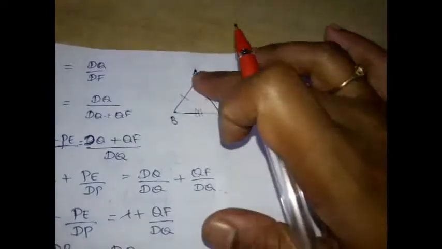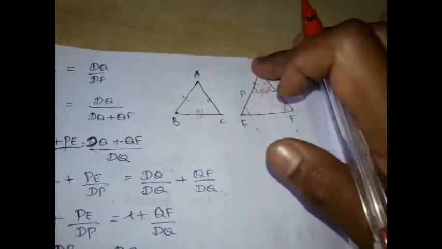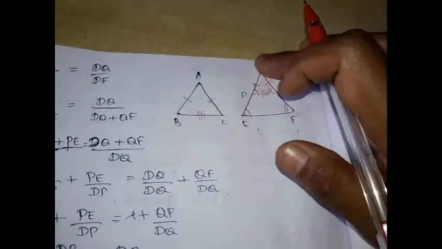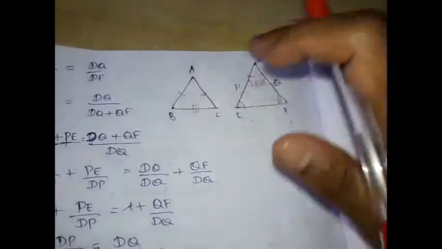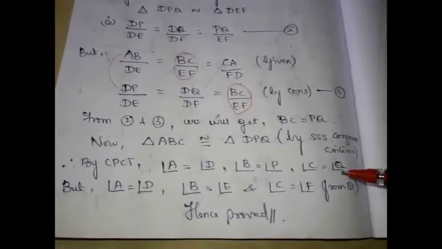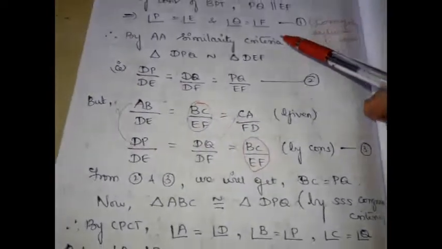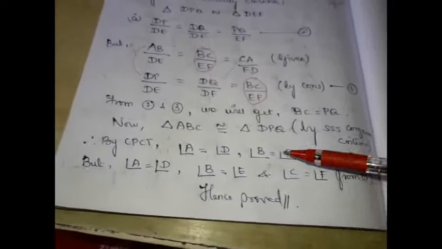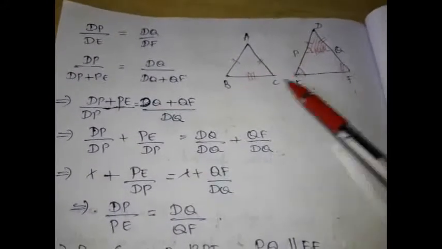Now we are telling this triangle is congruent to this smaller triangle. Therefore, by CPCT, their corresponding angles will become equal. We stated that, and immediately by this we substitute P as E and Q as F. So thus we proved the corresponding angles are equal.